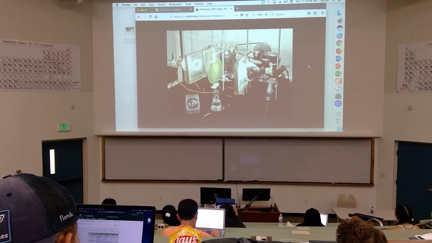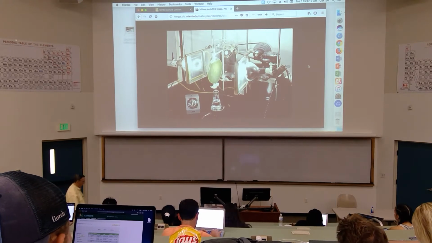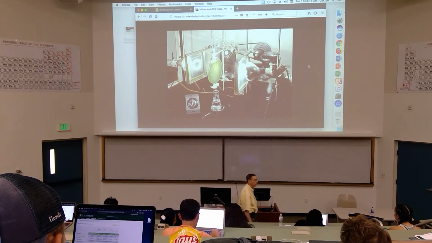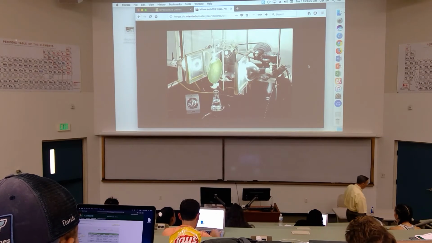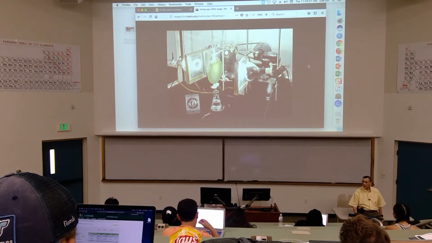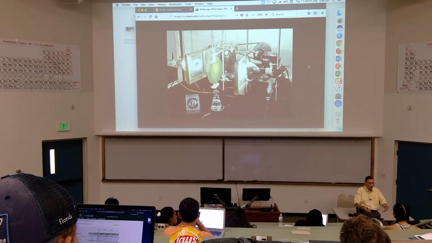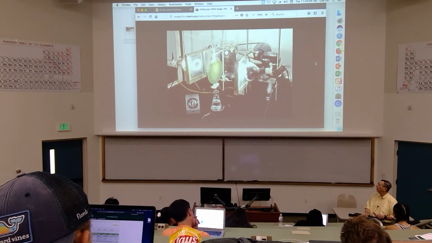What he did was take a sort of flattened flask that contained a unicellular algae called chlorella. At time 0, he injected radioactively labeled carbon dioxide. The carbon atom was C14. A radioactive atom can spontaneously decay, give off electrons, and you can measure the rate at which the electrons are given off, and you can actually isolate the molecules and identify whether or not they contain this radioactive carbon.